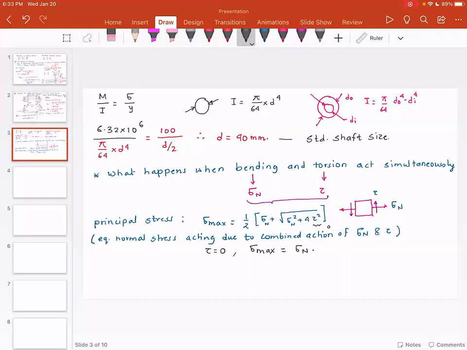And I will explain this concept once again. Look at the way the stresses are acting. Tau and sigma n are perpendicular to each other, because tau is acting parallel to area and sigma n is acting perpendicular to area.